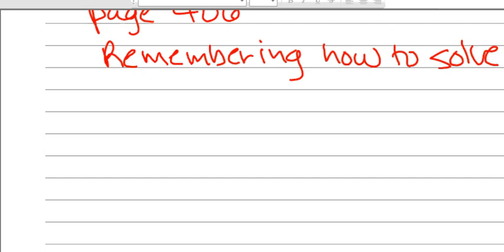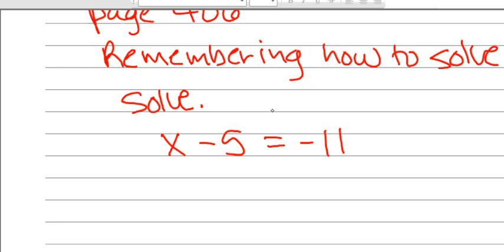So let's say we had x minus 5 equals negative 11. And this happens to be on the bottom of the page, number 325.